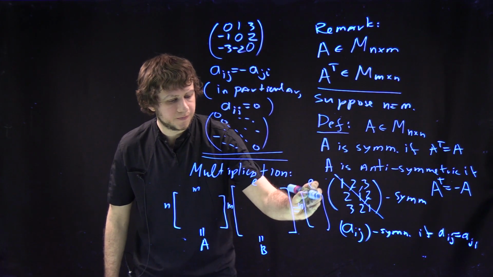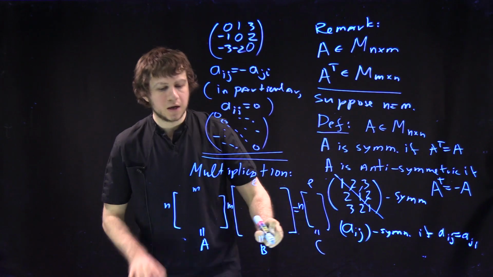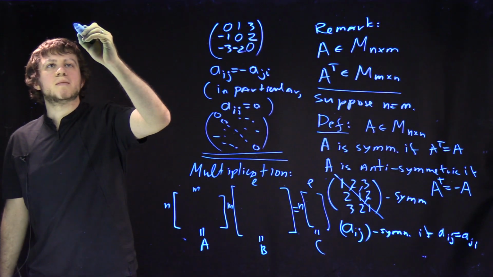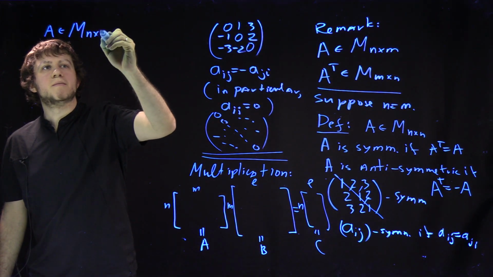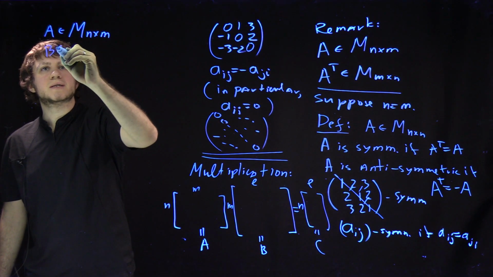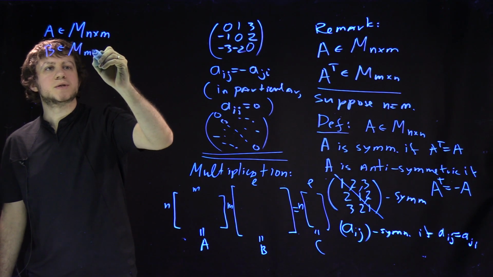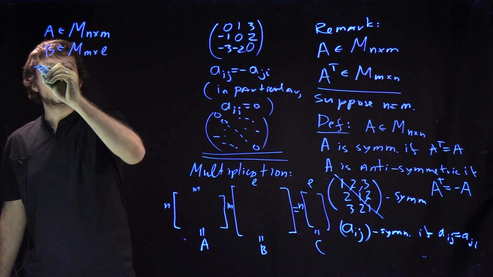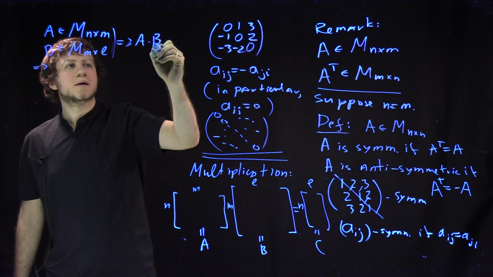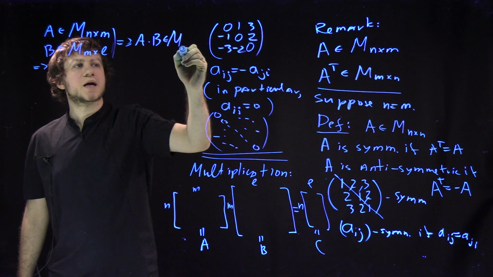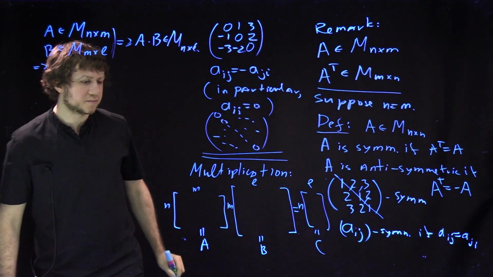This will be called C. So let me say it more abstractly: if A is inside n times m matrices, and B is inside m times L matrices, then we construct A times B inside n times L matrices.